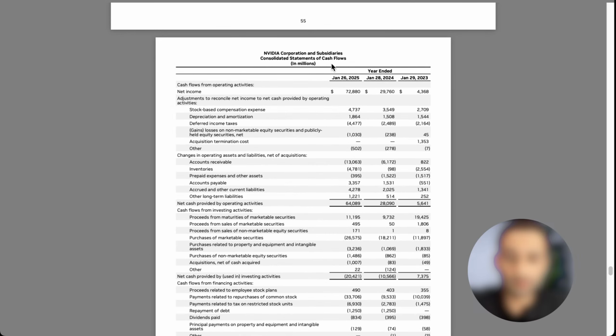So these are the documents you need to check before any company. It's not only about Nvidia. Every company has these earning reports and financial statements on their websites before investing. And I can't explain again because I already explained to you guys.